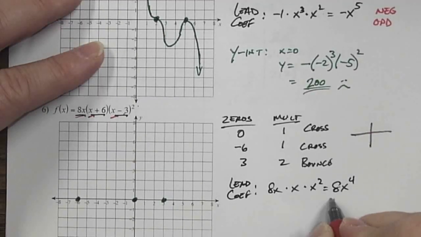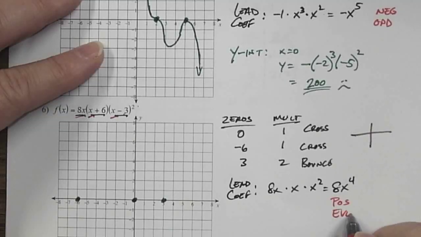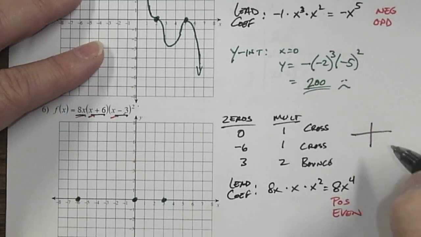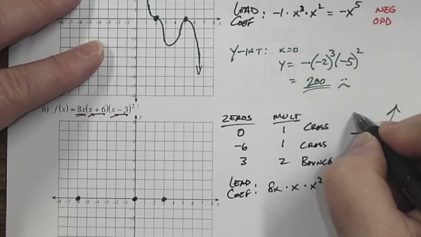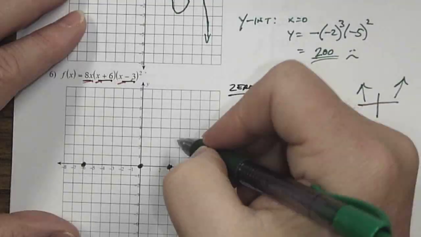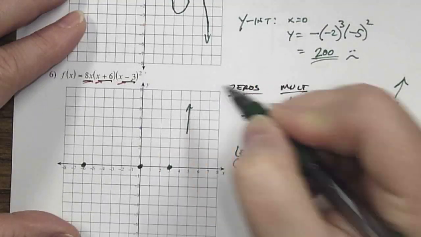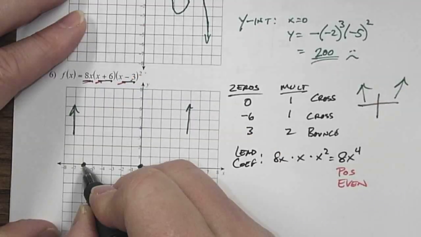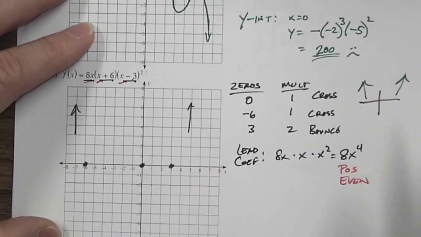That's positive and even. Positive 8 and even 4. So that means we go right up and we go the same on the left. So this is coming upward here, and this is going the same here. Always a little bit to the outside of your dot.